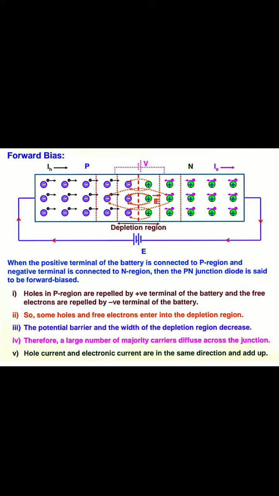The same thing happens inside the N: the electrons, the majority carriers in the N side, are repelled by the negative terminal, and they move towards the junction. That means the width of the depletion layer and the potential barrier decrease.